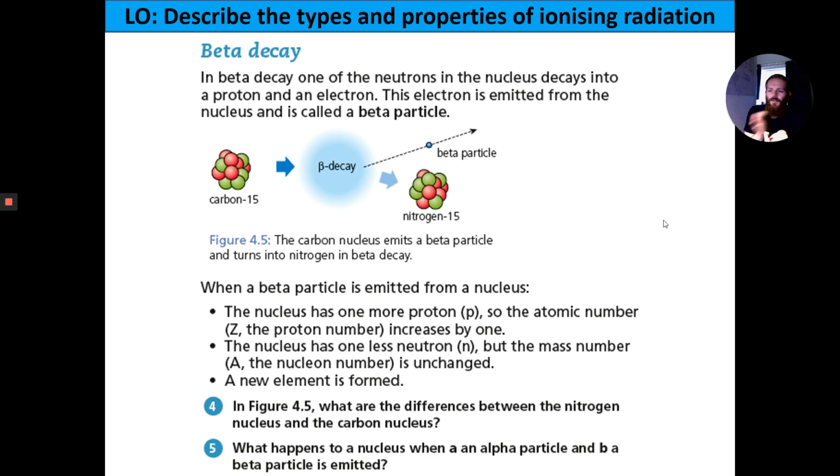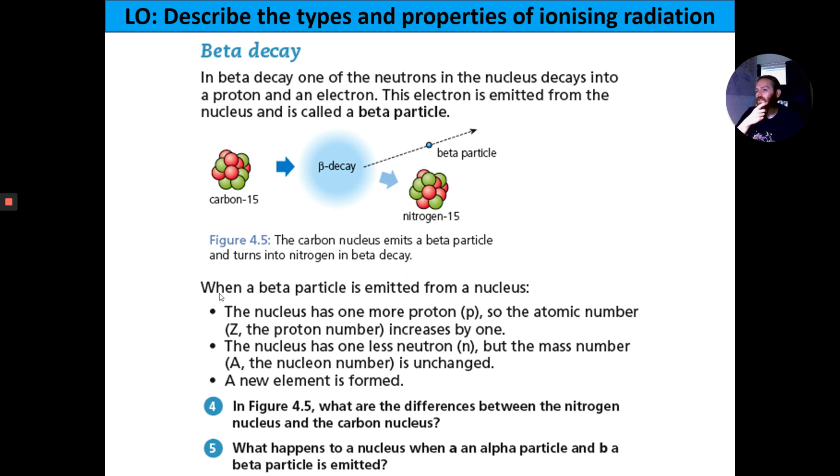Again, we're ignoring electrons when we're talking about mass. So it's gone from a neutron to a proton. Mass number doesn't change, but its atomic number changes because it's just turned a neutron into a proton. Its proton number's gone up. So in this situation, a new element's formed. Again, we've gone from carbon into nitrogen. Notice how carbon-15 is nitrogen-15. The mass hasn't changed. No change in mass.